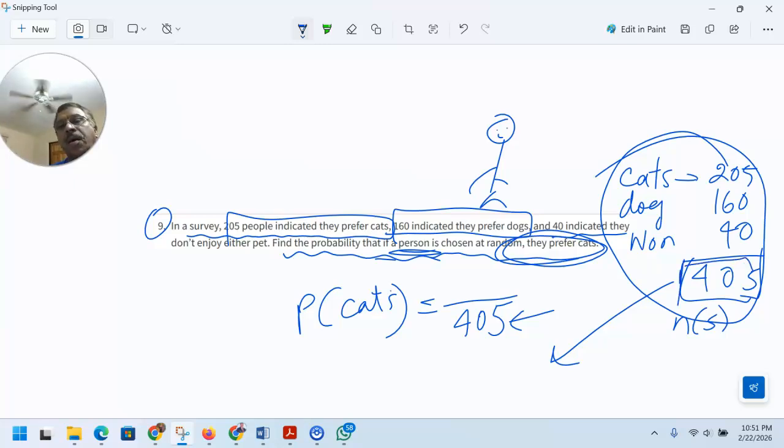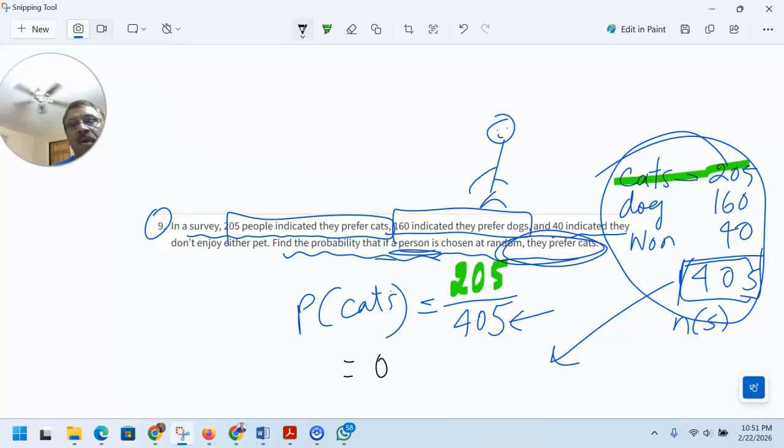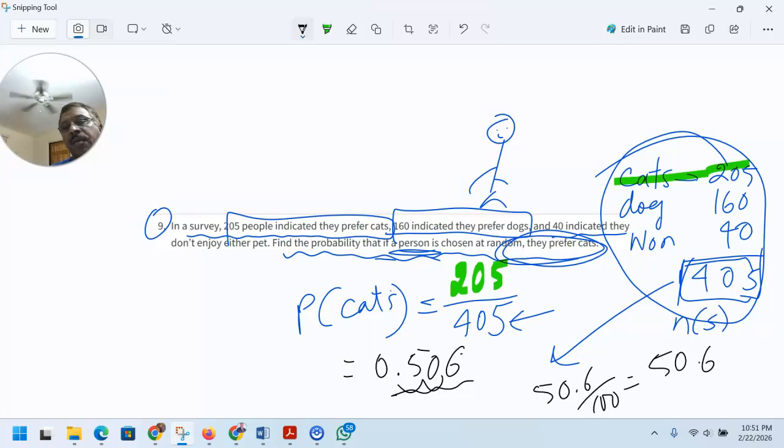The one on top is how many of them like cats, and they are altogether 205. If you put this on the calculator, you get 0.56, which is almost 50. If you move the decimal two places to the right, that is, multiply by 100, you get 50.6%. I hope that makes sense.